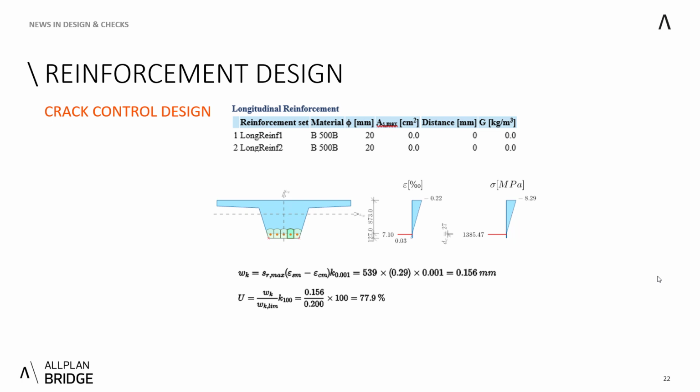The next one on the table is the crack control design. So actually this section does not need any additional crack controlling rebars, because although the section is cracked, as you can see in the response of the section, the actual crack width is 0.156 millimeters, and the exposure classes applied on the section need a decompression check and also a crack width limit of 0.2, and we are still within the limits of the crack width recommendations, so we don't need to design anything.